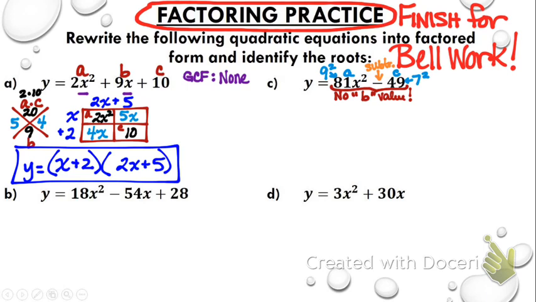So I have 9 squared times x squared minus 7 squared. We have 2 perfect squares. This is a difference of 2 perfect squares.